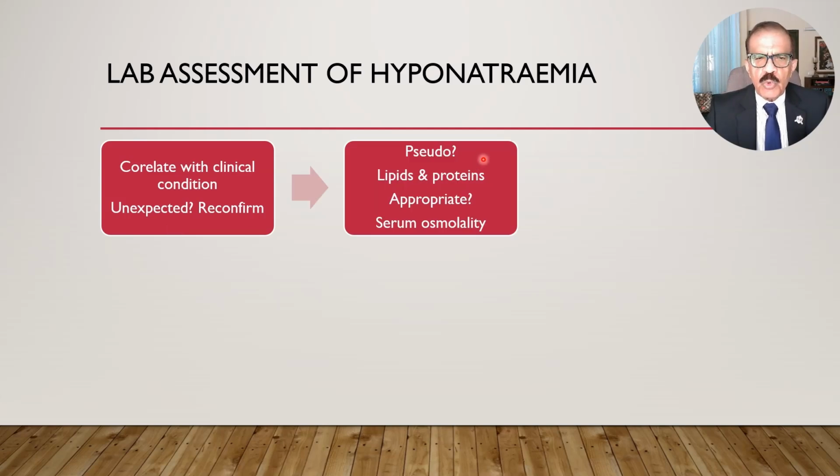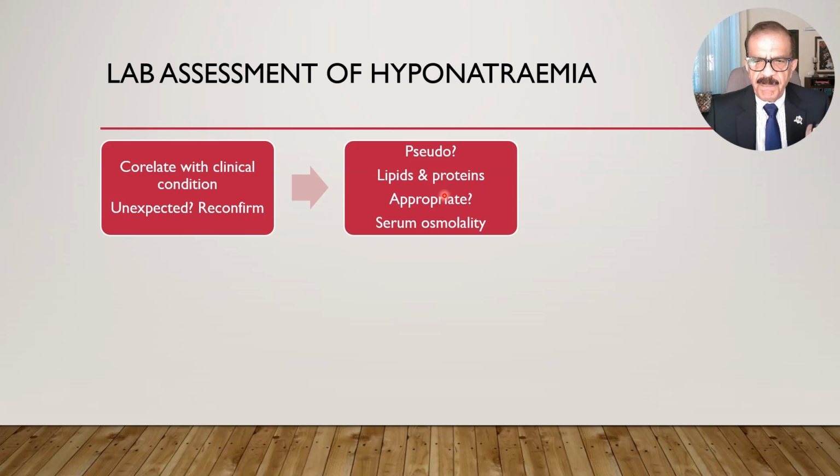So what is pseudo hyponatremia? It is when there is accumulation of some solute in the body other than sodium. As I told you, normally it is the sodium which determines our serum osmolality, but in some cases there may be other substances. For example, if there is a lot of protein in cases of hyperproteinemia like multiple myeloma, or if there is hyperlipidemia, massive hypertriglyceridemia, these two things will actually take some space in the fluid component of our plasma.